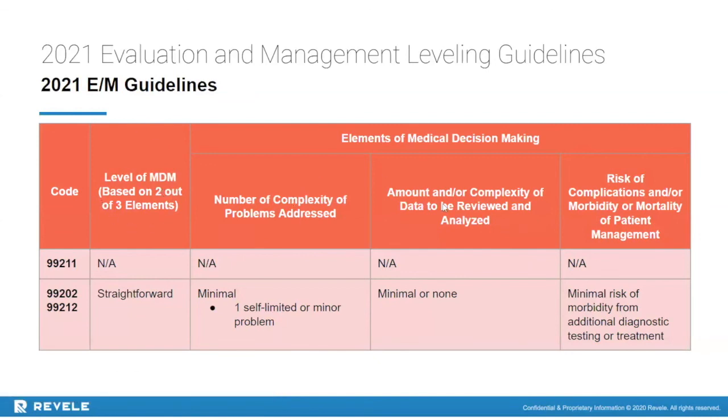Here are components 1, 2, and 3: a minimal of 1 self-limited or minor problem, or minimal or no amount and/or complexity of data to be reviewed and analyzed, and/or minimal risk of morbidity from additional diagnostic testing or treatment.